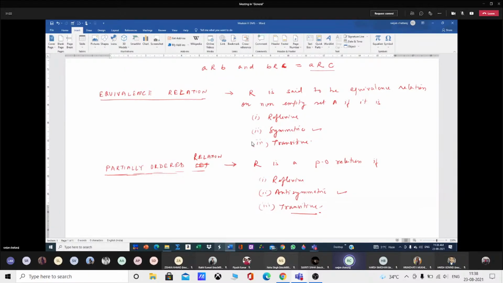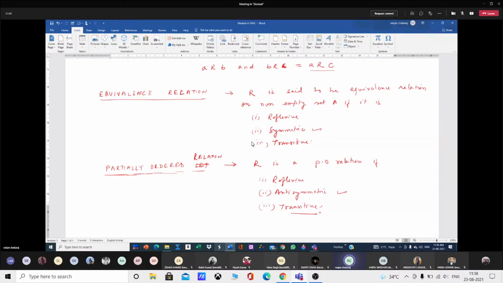Some relations, when defined on a particular set, give you equivalence relations, or partially ordered relations. Some may give neither, only reflexive or only transitive. Okay. Now come to an example.